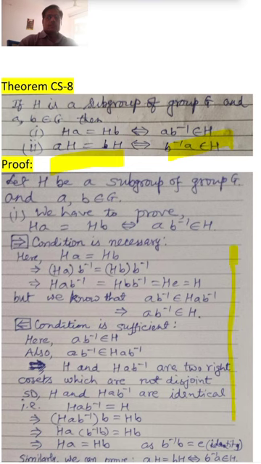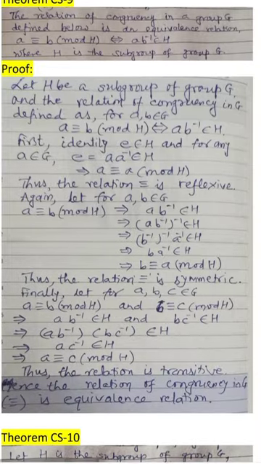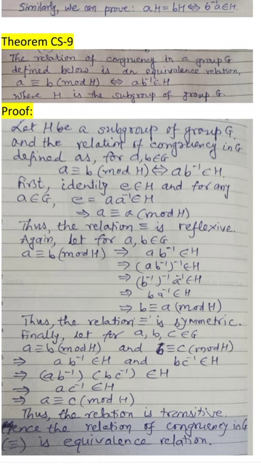Again, next theorem. The relation of congruence in a group G is defined as A is congruent to B mod H if and only if AB inverse is the member of H, then it is an equivalence relation.